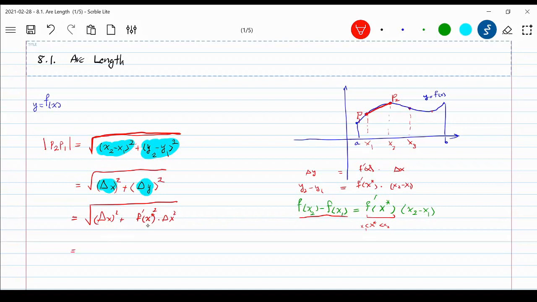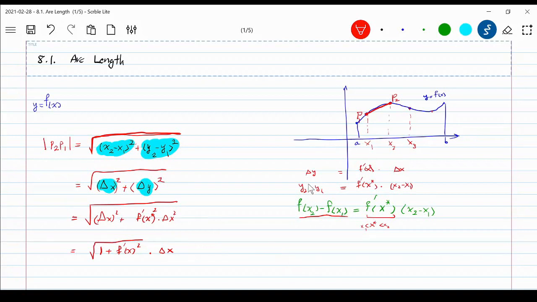You can factor out delta x squared, so we have 1 plus f prime of x star squared, and the square root of delta x squared is simply delta x, multiplied.